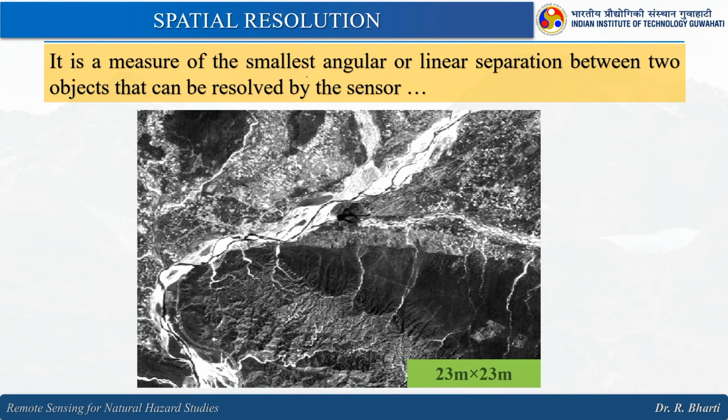So, it is a measure of the smallest angular or linear separation between two objects that can be resolved by the sensor. Here you can see this particular image, the one pixel is 23 meter by 23 meter. That means this pixel represents a 23 by 23 meter ground surface.